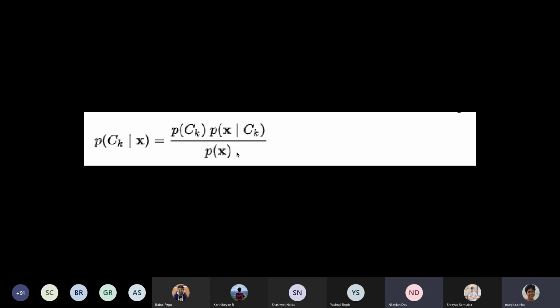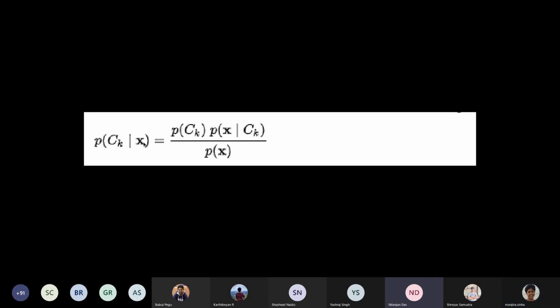And we also know the distribution of the data points, which is the probability of X. So from that, given a new data point, we determine the probability that it will be assigned to the class CK. We do this over all the classes, find the highest probability, and assign X to that class.